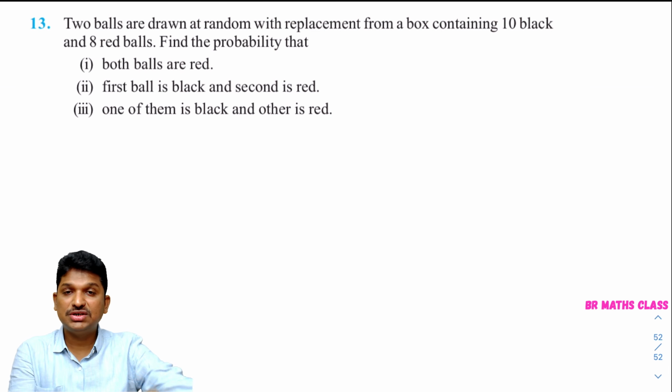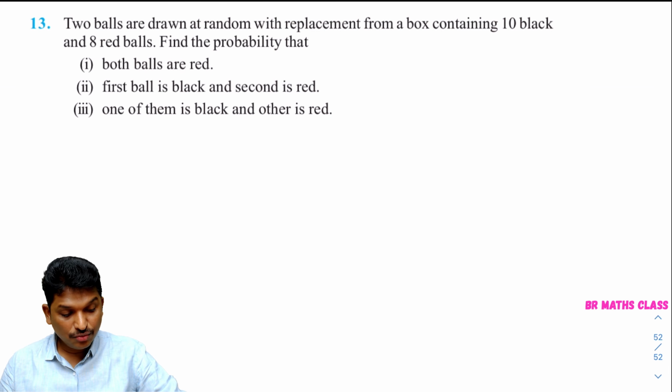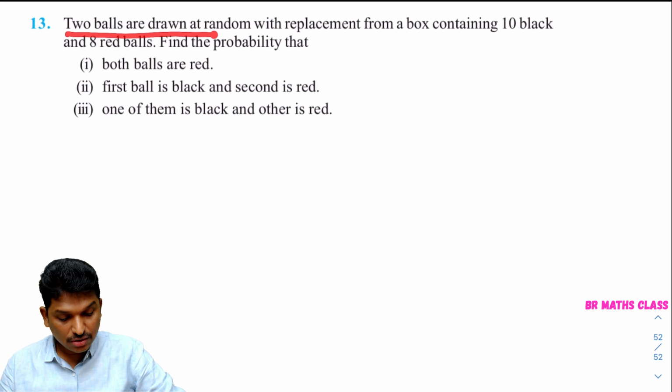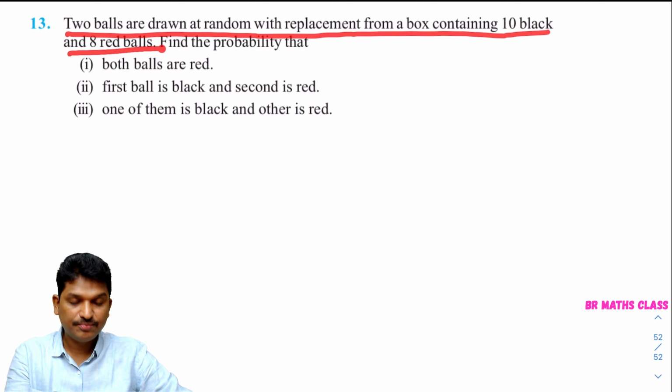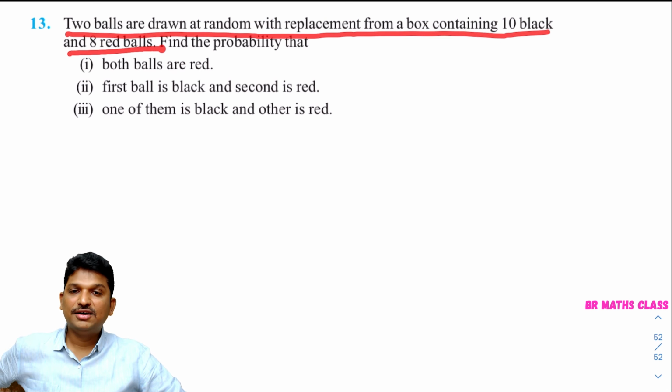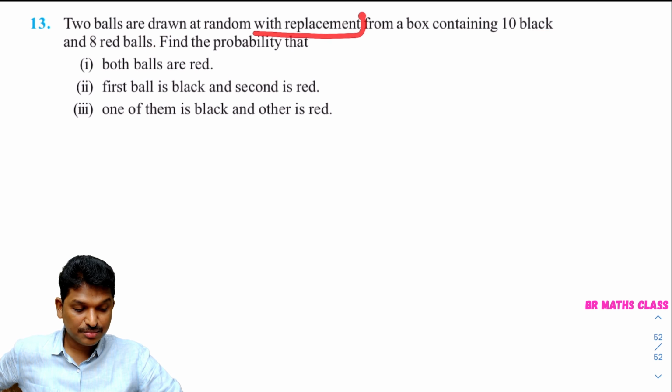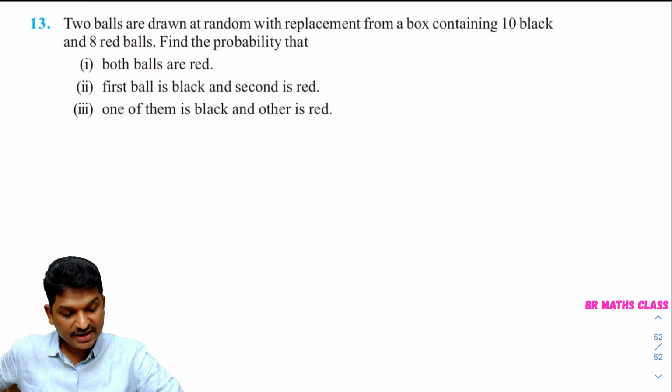13th question, last question of this class. You observe what they are asking. Two balls are drawn at random with replacement from a box containing 10 black and 8 red balls.